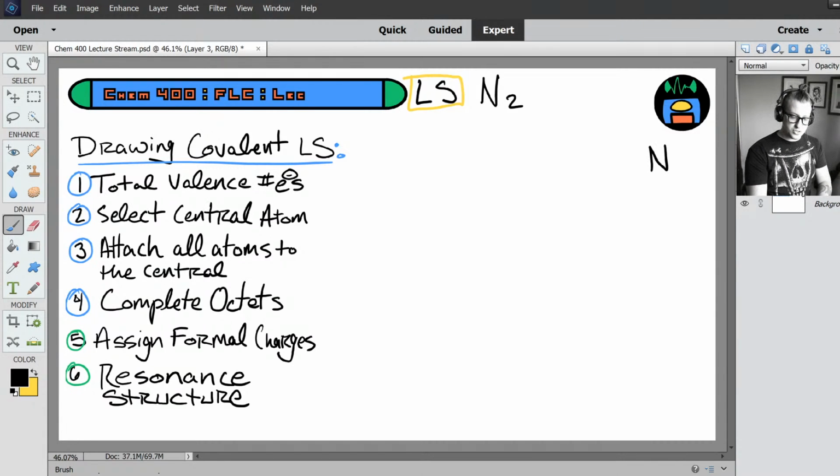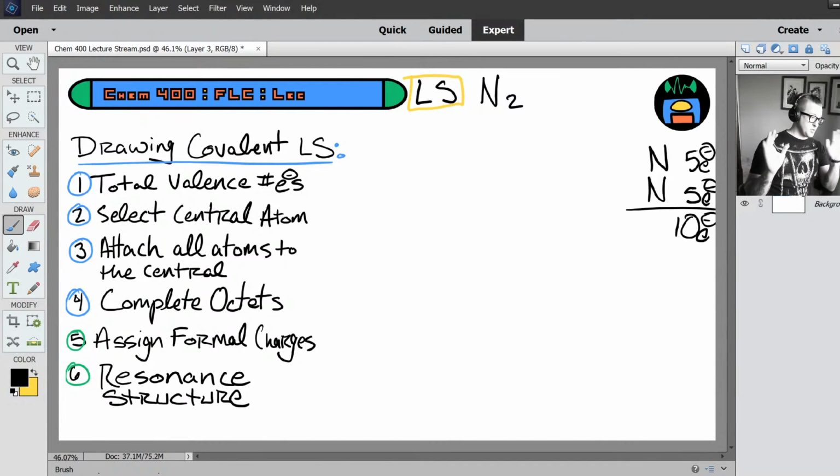Nitrogen has 5 valence electrons. Because we have 2 nitrogens in our molecule, that means we have 10 electrons to spend in our budget total. We've got 10 electrons with which we can draw our Lewis structure.